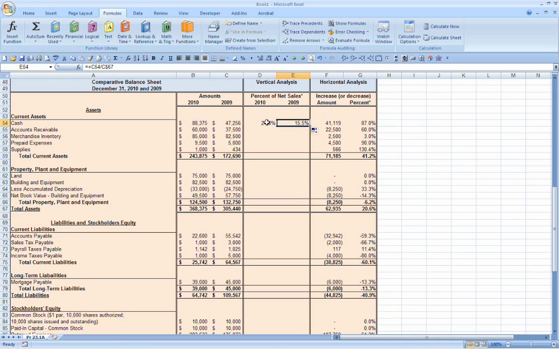Cash was only 15.5% of my total assets last year. So you can sit here and again, like we did in the income statement, compare each of these items. And again, there is a percentage of total assets.